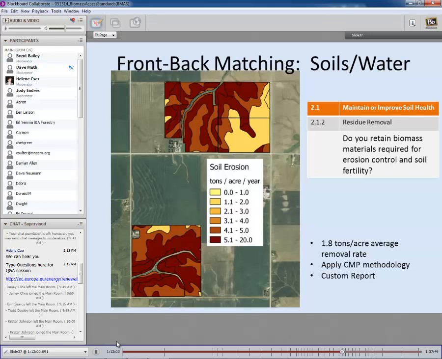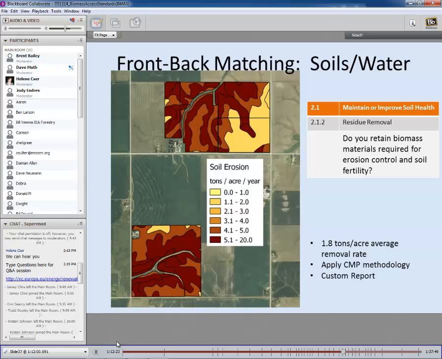Now we're moving into that biomass piece of this, where before we were looking at the management system as it exists now, and in this case, we're starting to move towards a corn stover removal construct as our biofuel or bioenergy outcome.